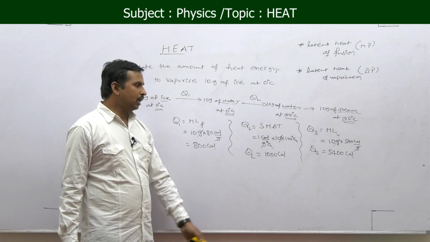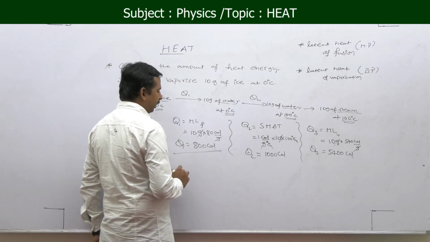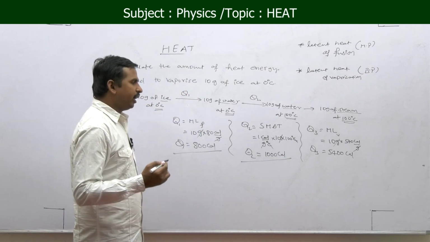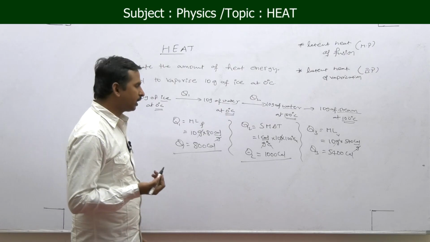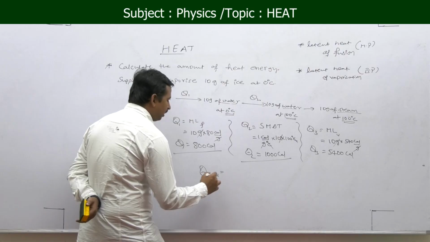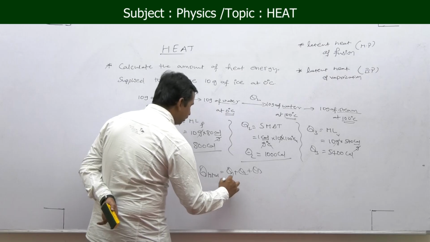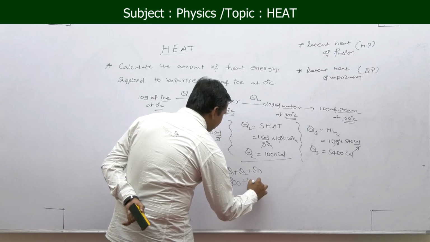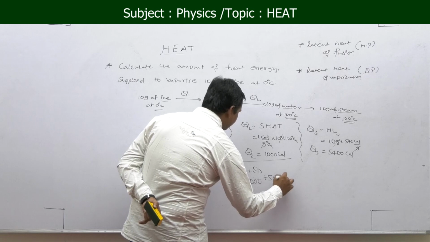So finally we got all the three heat energies: first case for melting 800 calories, Q2 for change of temperature 1000 calories, and Q3 for again change of state from water to steam 5400 calories. In total, if you add, the total amount of heat energy we supplied is Q1 plus Q2 plus Q3, which is Q1 800 plus Q2 1000 becomes 1800, plus 5400.